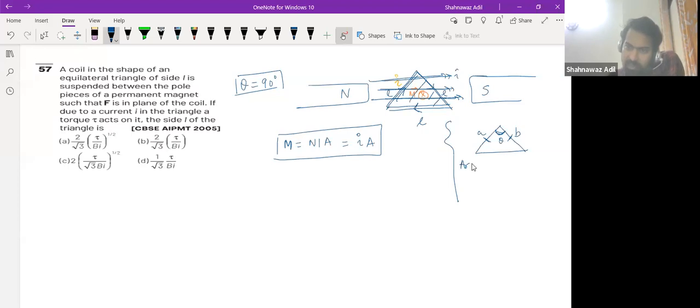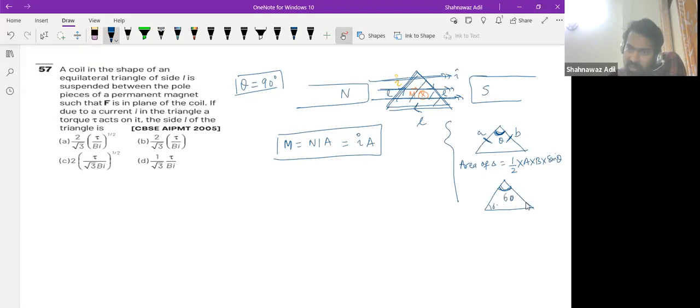Area of triangle is half AB sine theta, if we know those two sides and the angle between them. And we have this equilateral triangle, so the angle between the sides is 60 degrees.